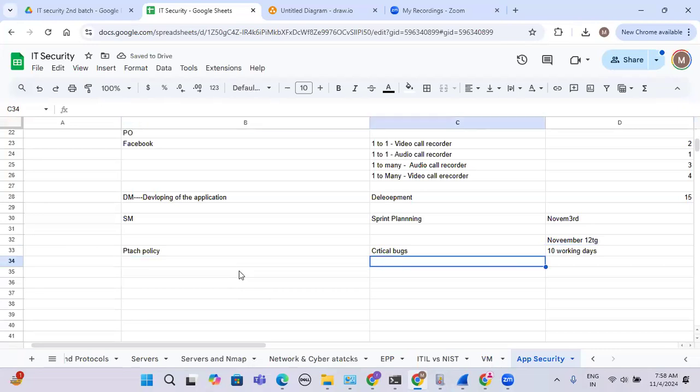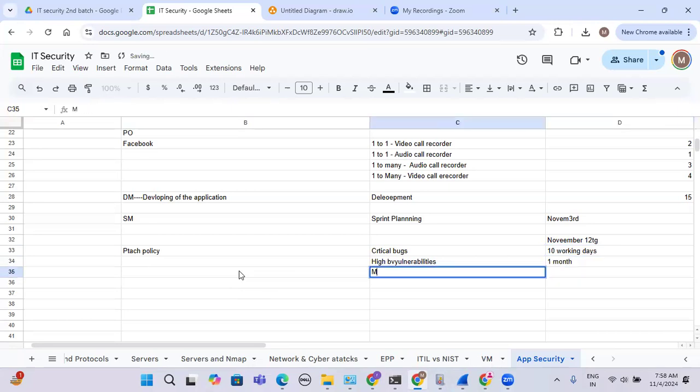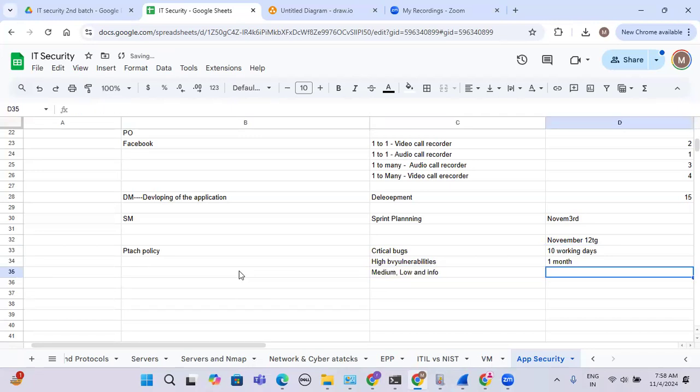Next is on the high side, high vulnerabilities: it's 30 days or 1 month. Medium or low and info level, the developers or testers have to fix in 3 months.